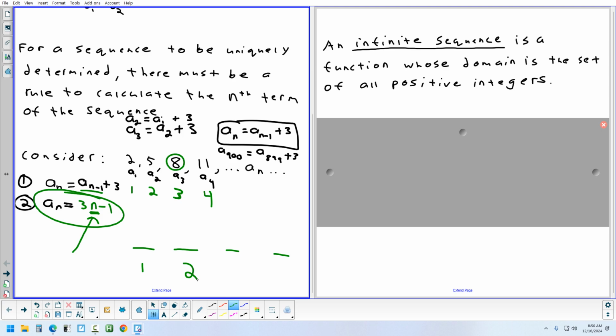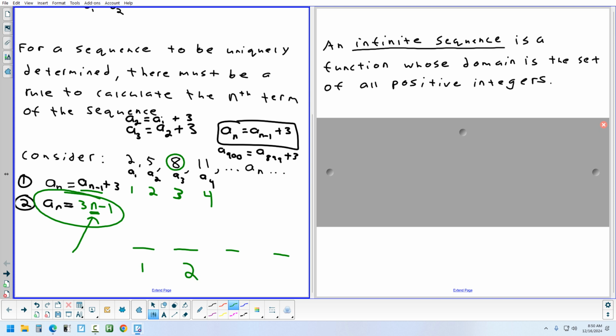Also, why wouldn't a negative number make sense for n? Why do you think a negative wouldn't make sense? You can't have a negative position? Yeah, you can't have a negative position. The first spot in a sequence is called the first position. There's no negative positions, there's no zero positions, there's no decimal positions.